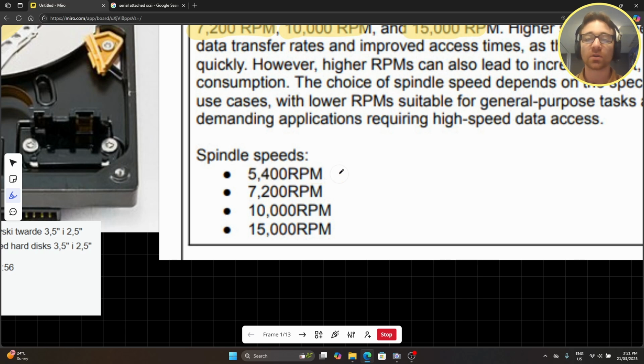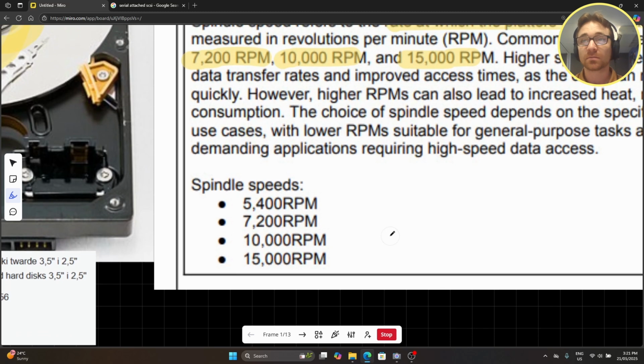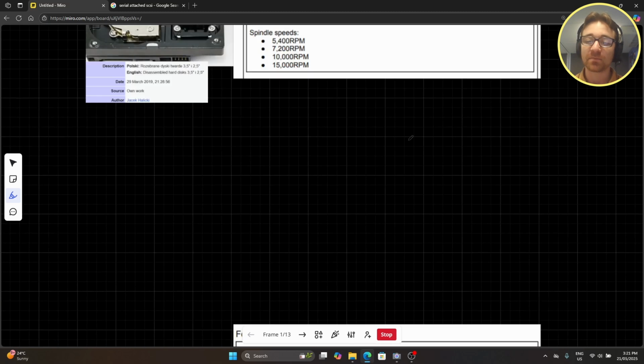However, if you're presented with a scenario that says this person really needs very high speeds on their hard drive and they're willing to pay as much as they need to in order to get it, you are going to want to go with 15,000 RPM, right? So for your exam, you're going to need to toss up, based on the scenario, what speed should I be recommending here? The faster the speed, the more of a budget they will need. Didn't mean that to rhyme, but it did. Okay, that's a breakdown on that.